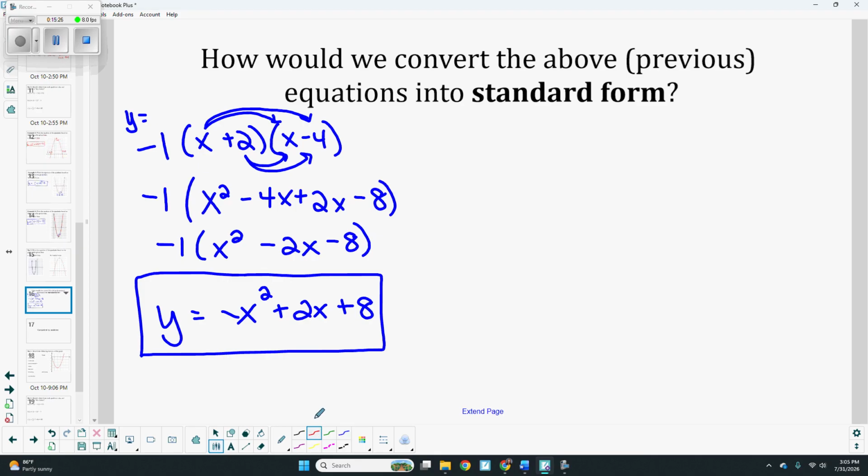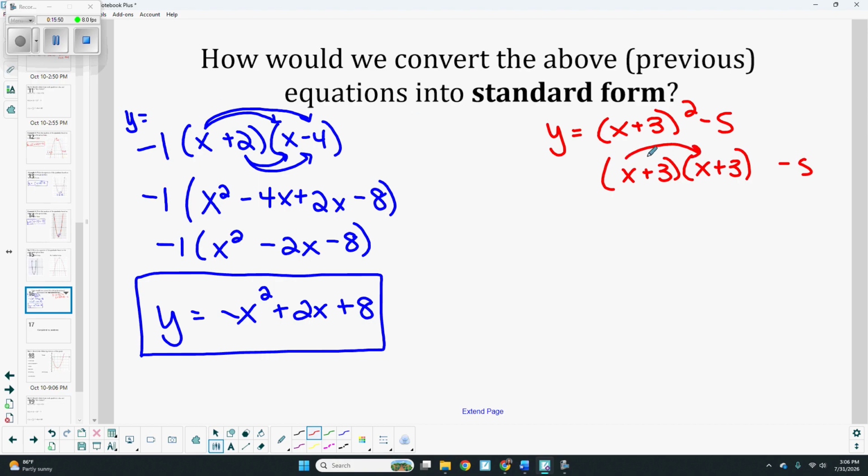If I wanted to look at example 3b, the one that was originally written in vertex form, that was y equals x plus 3 squared minus 5. So this x plus 3 squared, you are not allowed to distribute the power. It doesn't work that way. What we can do is say because it was squared, it was x plus 3 times x plus 3. So for this part, we're going to do what we just did over here.